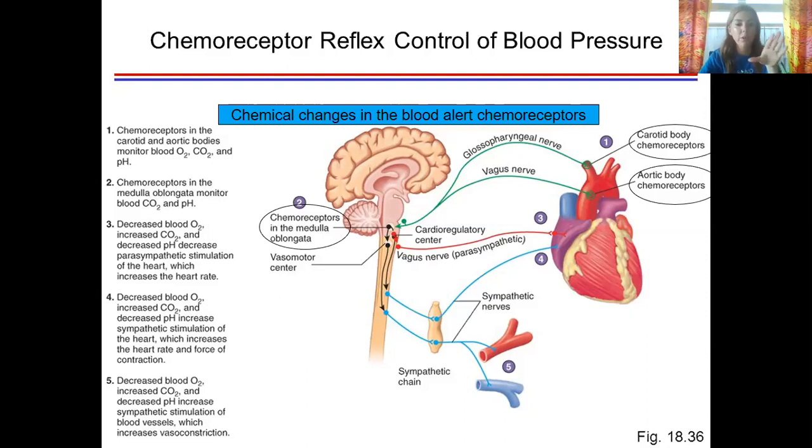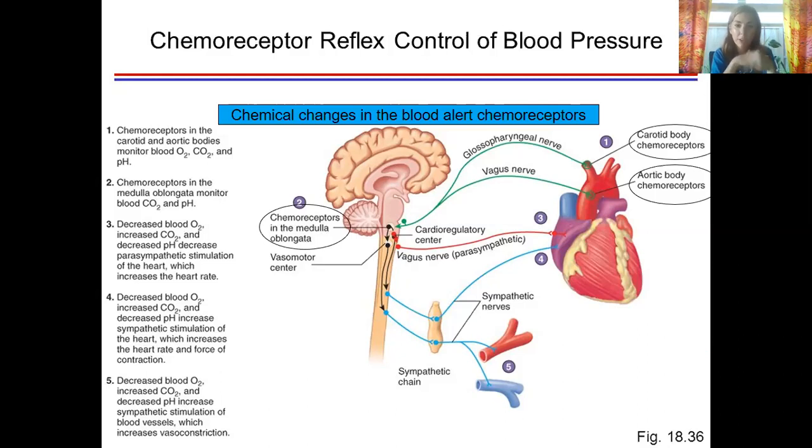So whenever the chemoreceptors get an alert that oxygen is low, CO2 is high, and pH is low, it's going to make the heart rate increase. And the reason why it's going to do that is because it's going to try to push more blood over into the lungs to pick up more oxygen and drop off more CO2, because we want to flip those levels.